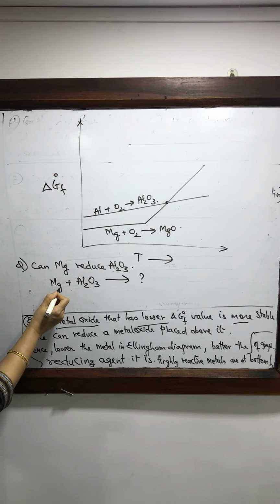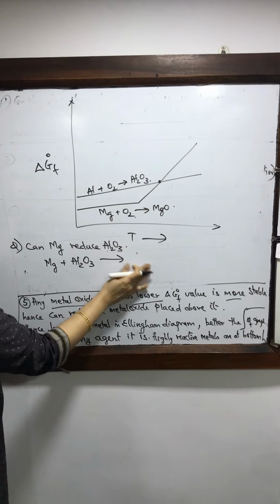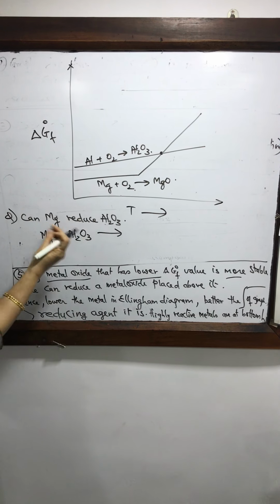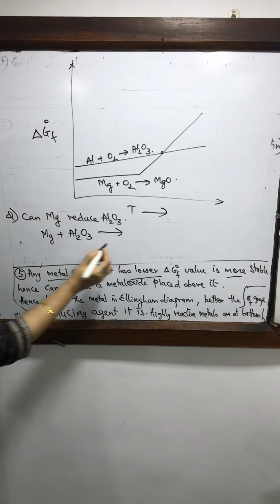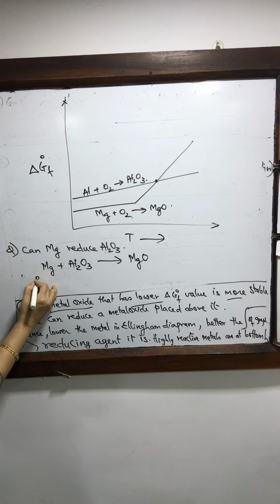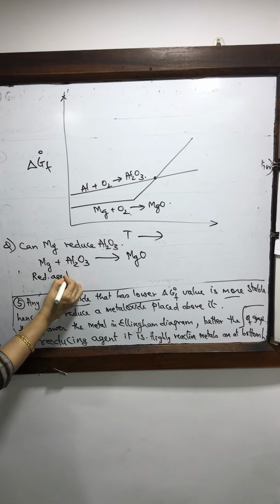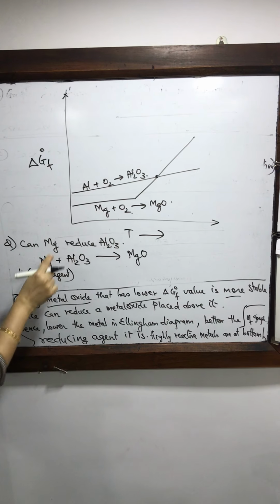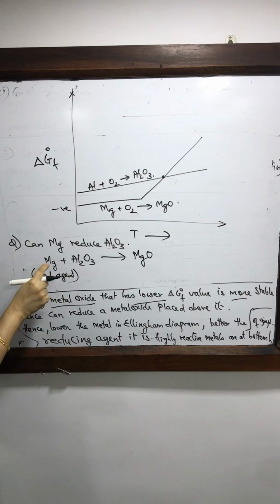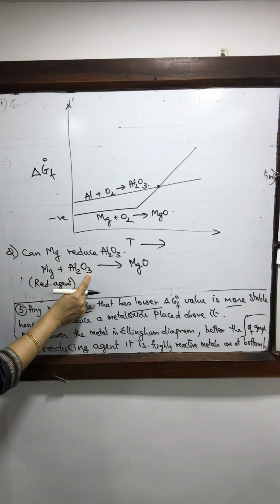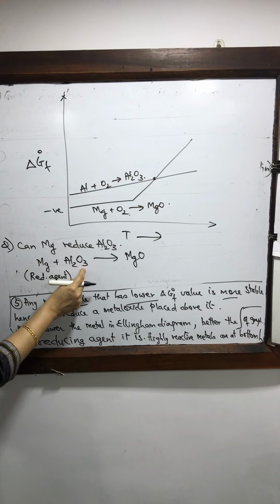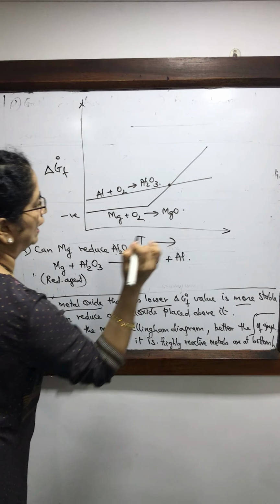So magnesium is going to form a more stable magnesium oxide, it will take away this oxygen from aluminium oxide. And substances that remove oxygen from other elements are called reducing agents. Because magnesium is below in this graph, with a negative delta G value, it has more affinity for oxygen, so it will remove the oxygen from aluminium oxide, that is reduction, and we will get aluminium.